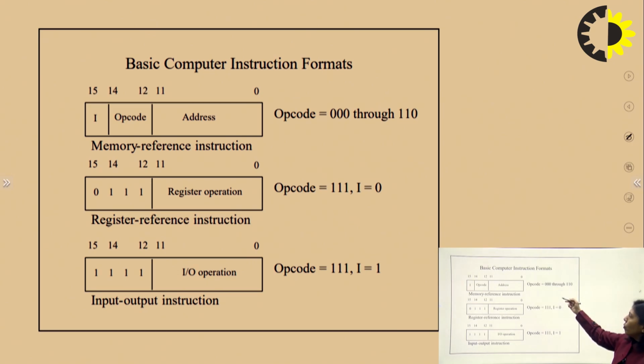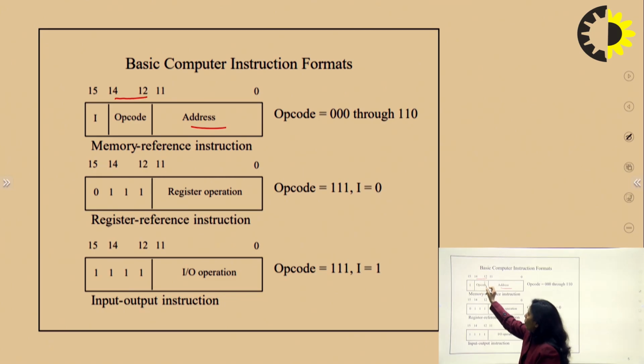So this is what I was talking about. The instruction consists of these 16 bits, where bits 0 to 11 denote the address. It may be the address somewhere in the memory, and after that, bits 12, 13 and 14 are the opcode.